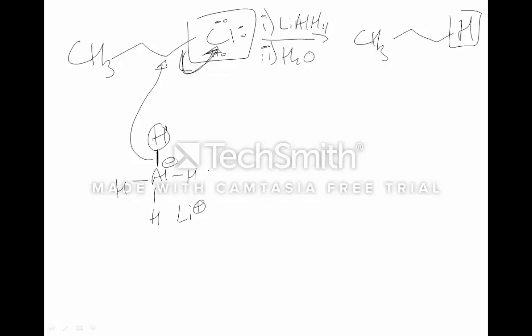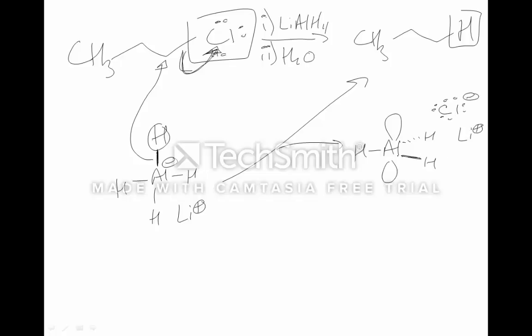So that takes you to product, but what I want you to see is the byproduct. And I want you to show this as well, right? Just like BH3, aluminum hydride, we call this alane, AlH3, has an empty p orbital. What have we generated? We've got a Cl minus and a lithium plus. Well, this is a very reactive Lewis acid, the aluminum.